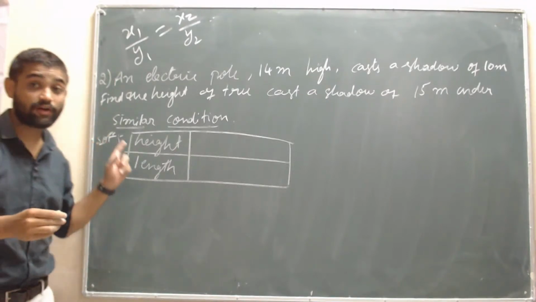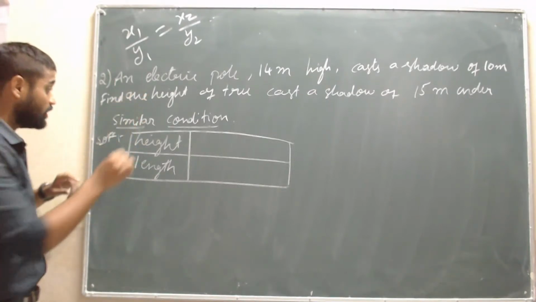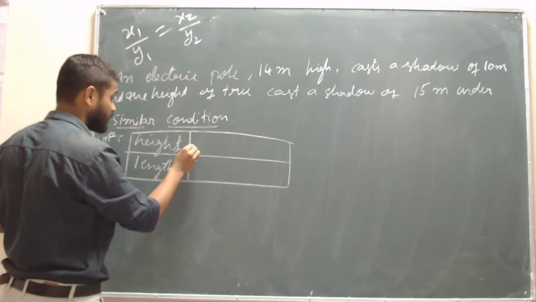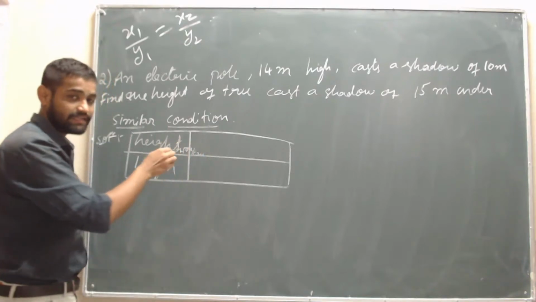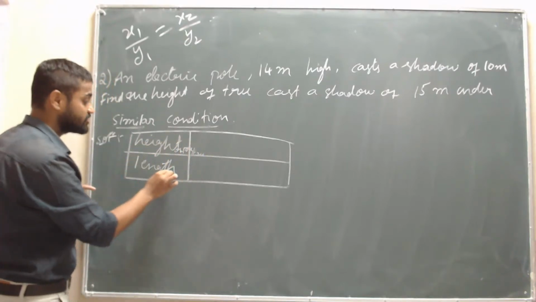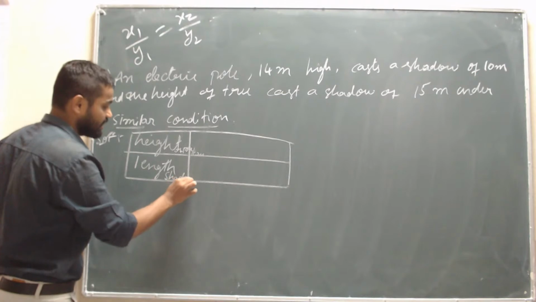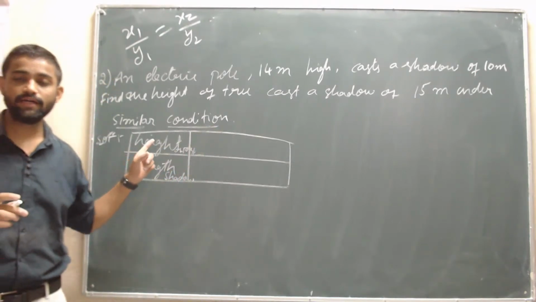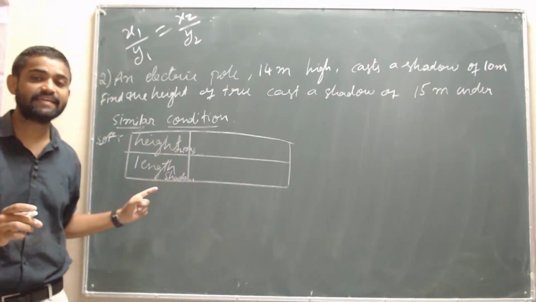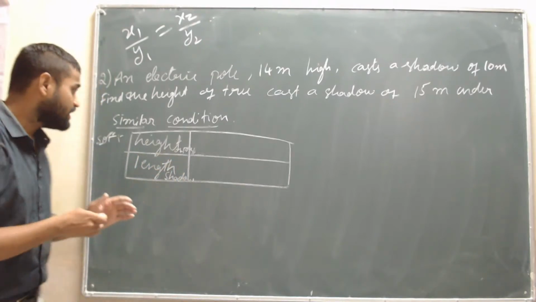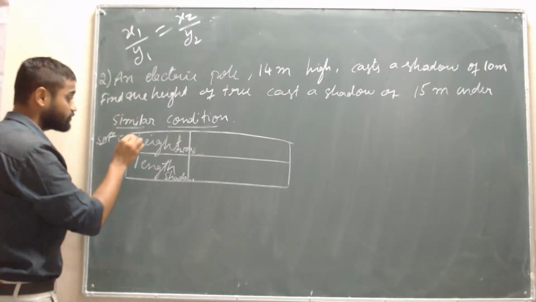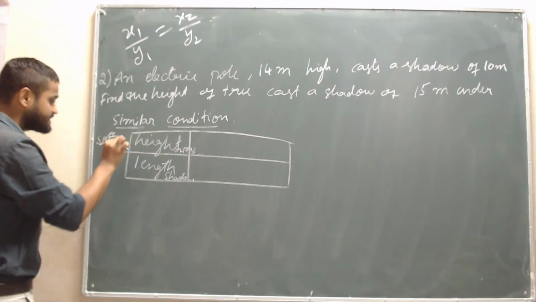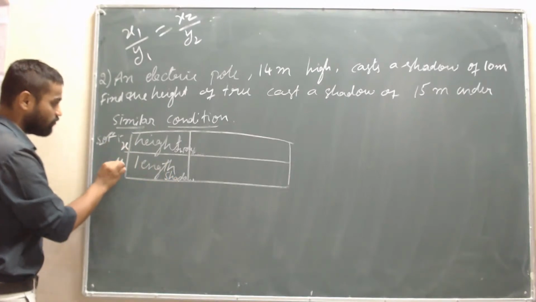So that you don't get confused, we can write it as height of a pole and tree, and length of shadow. Okay, students, height of a pole or a tree, and here is the length of the shadow. Now I will take the height of the pole and the tree as x, and the length of the shadow I will take as y.